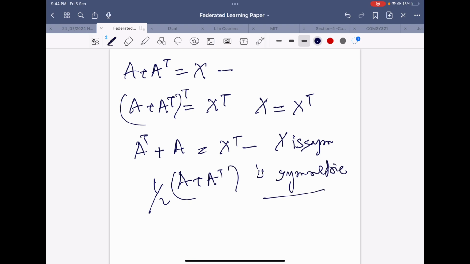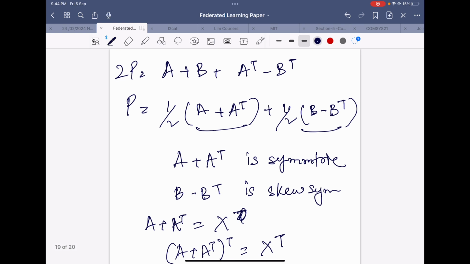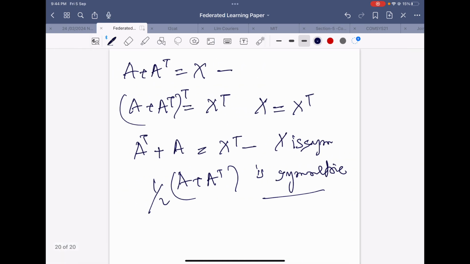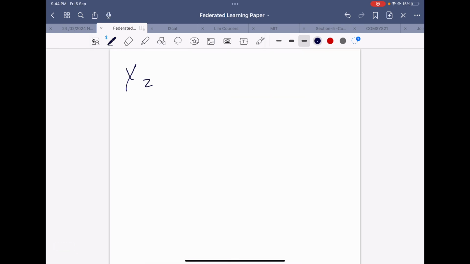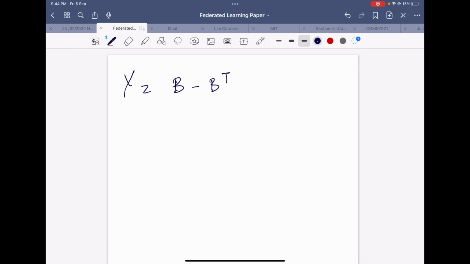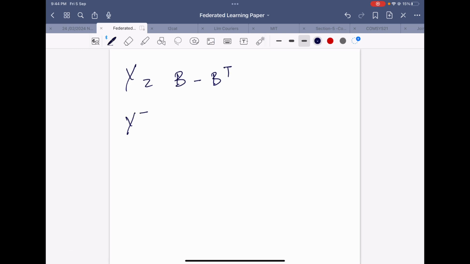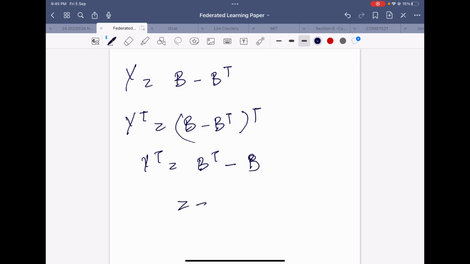Now similarly, we can prove that B minus B transpose is skew symmetric. Say Y is equal to B minus B transpose, 1/2 can be ignored again. So if we take transpose again, Y transpose is equal to B minus B transpose, whole transpose, and then Y transpose is equal to B transpose minus B, which can be rewritten as minus of B minus B transpose.